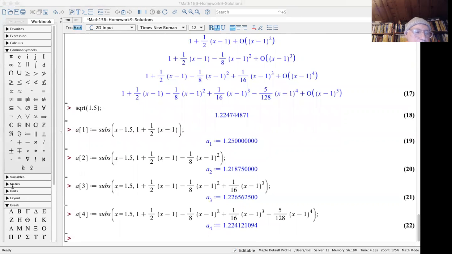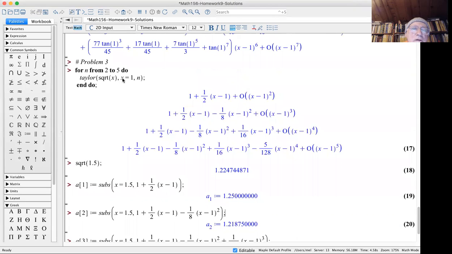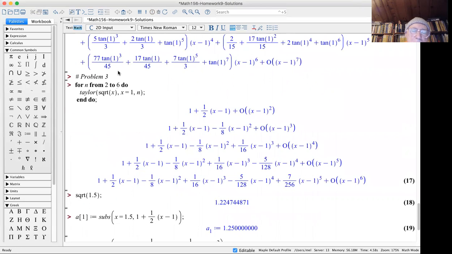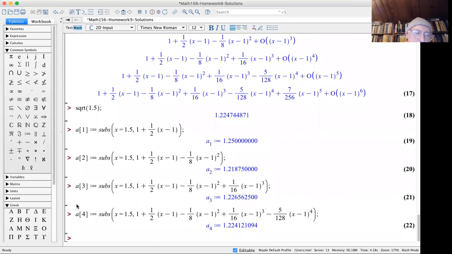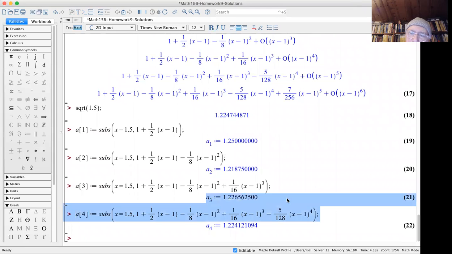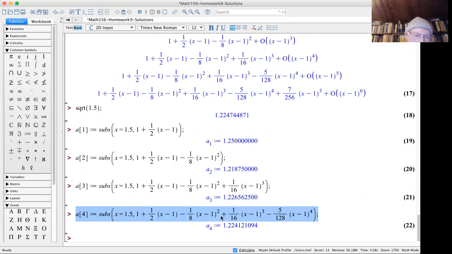So that's all you're supposed to do in this problem. Just compare these two, for n equals 2, 3, 4, and 5, I only went up to 5. Let me do this finally for the number I will call A5.